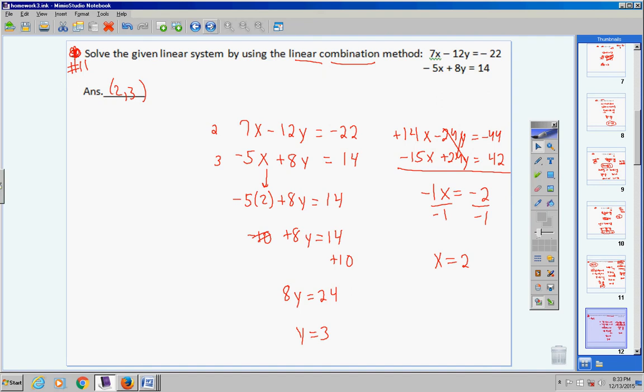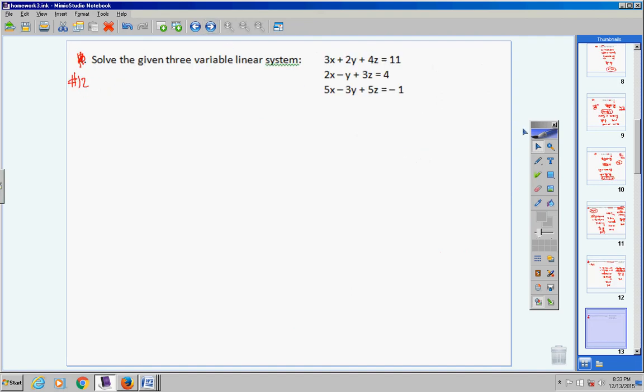Here we go. Problem number 12. Solve the given three variable system. Now, first of all, your goal is to eliminate the x's or the y's or the z's. When I look at the x's, they're not going to be easy to eliminate.